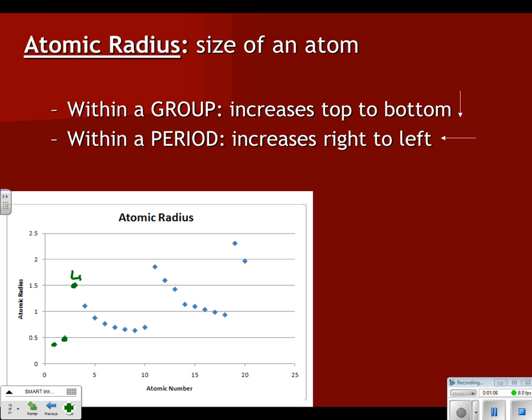And then next to lithium is beryllium. And as the atomic number gets bigger, you can see the size gets smaller. So what that's saying is within a period, as we're going across, you're going to the left, which means it's decreasing. Okay, I do the trend listed as increasing.